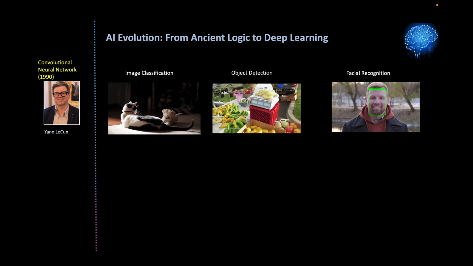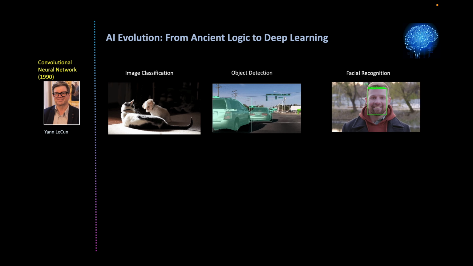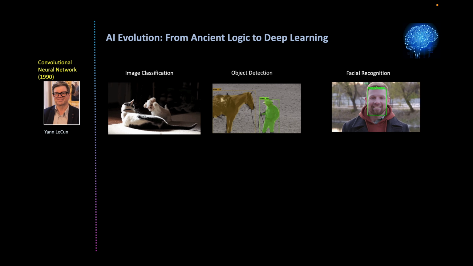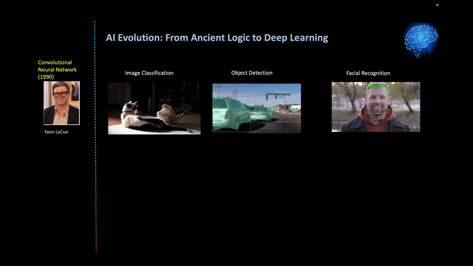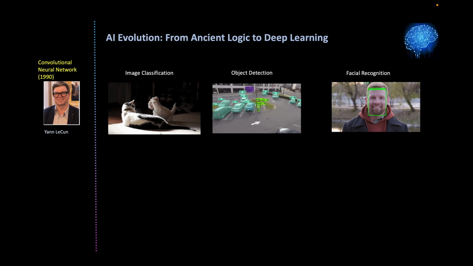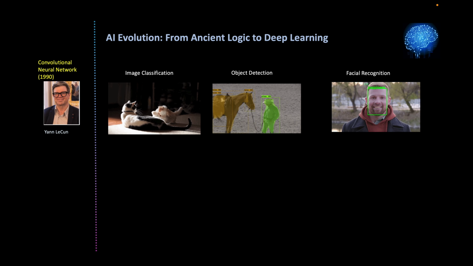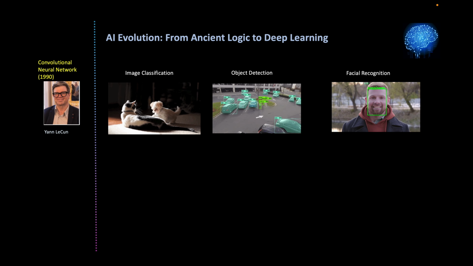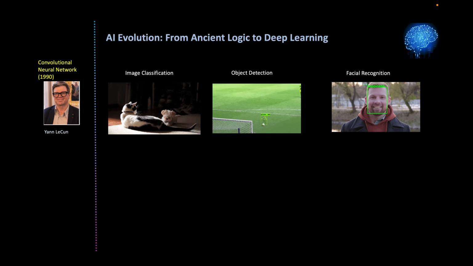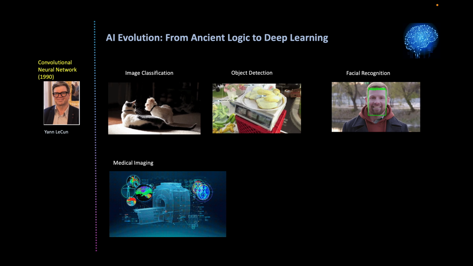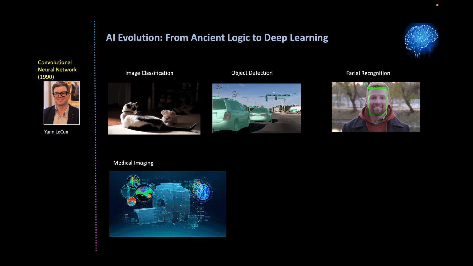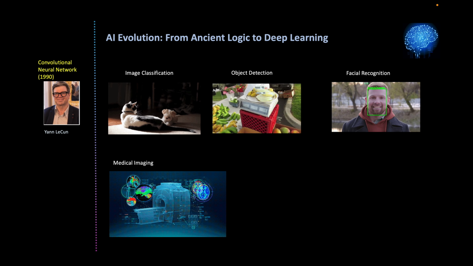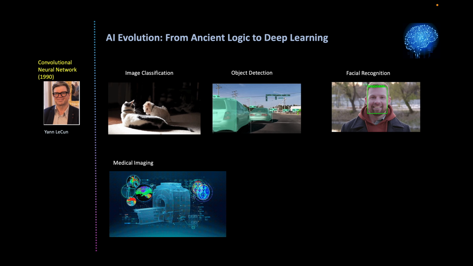It's very useful in recognizing a face, and these facial recognition softwares are very useful in our mobile or any security system where the software is protected by facial recognition. And next one is medical imaging. CNNs are very powerful in doing advanced medical imaging.